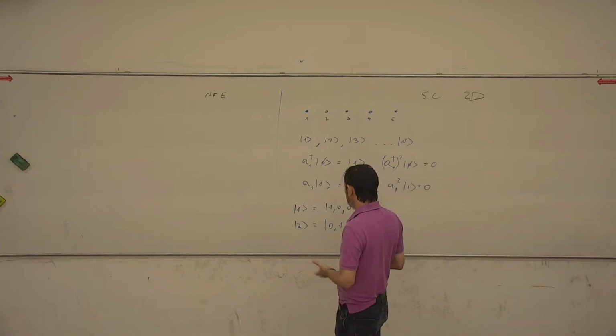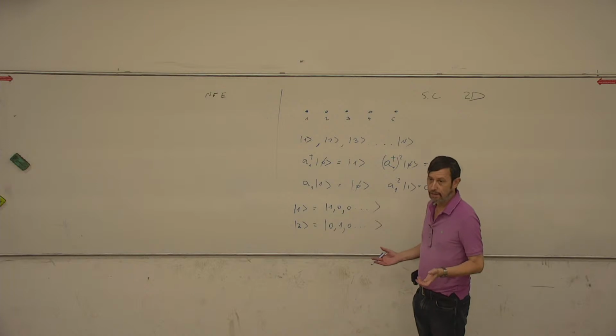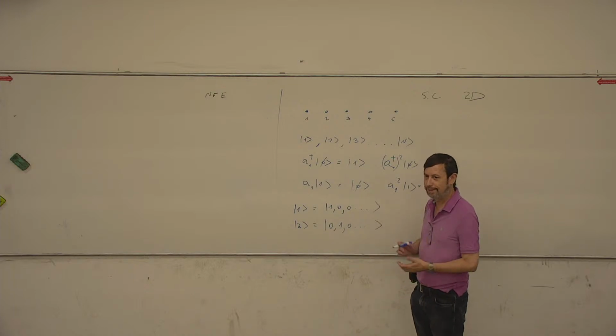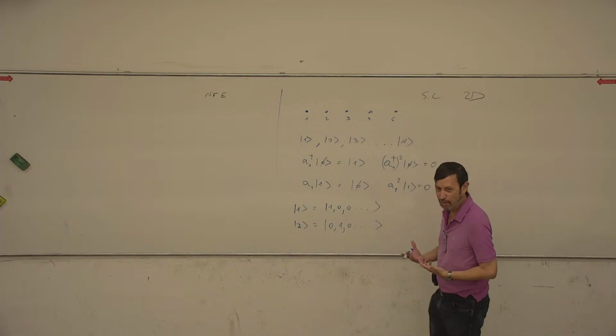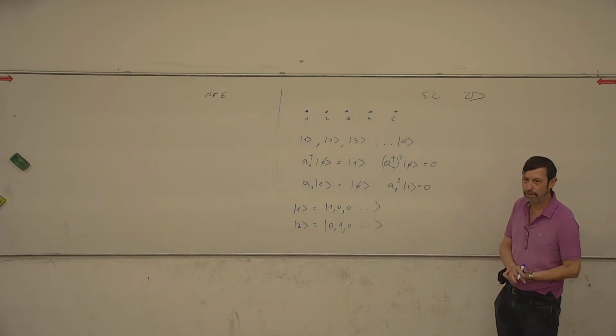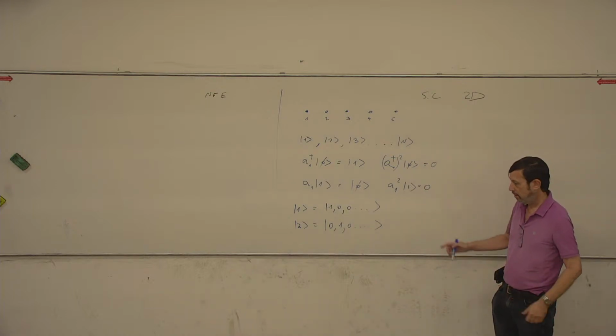Okay, lovely. Actually, it's nicer than you think, because half of the problem in physics is defining what is your Hilbert space and what are the states that you're working on. Okay.